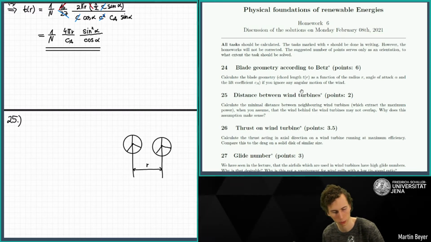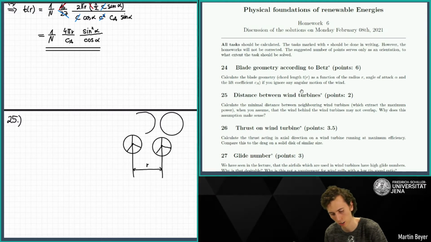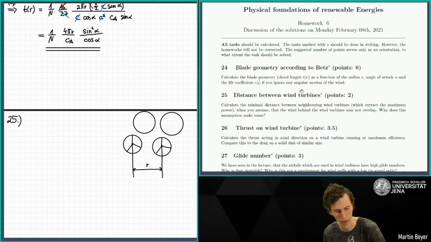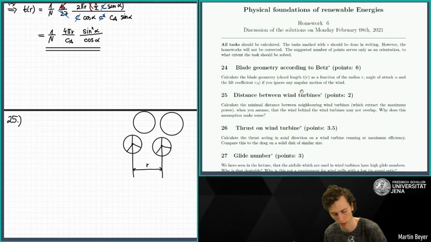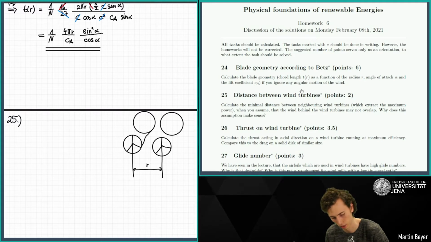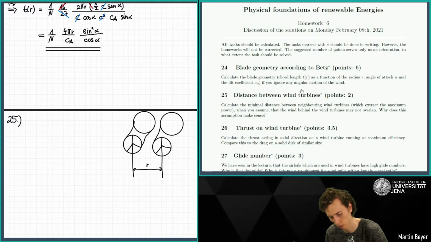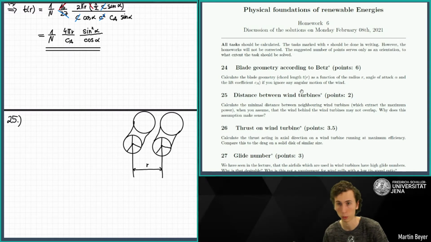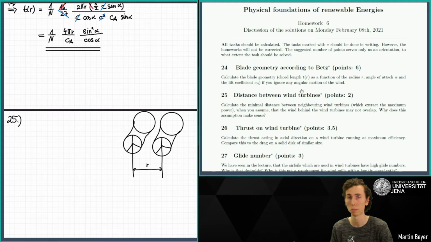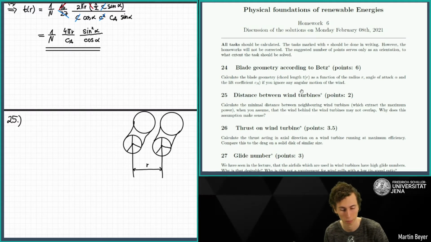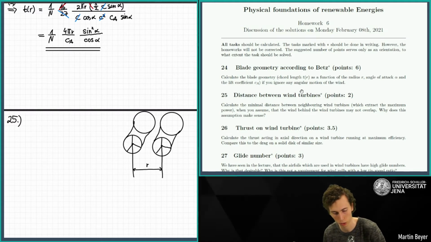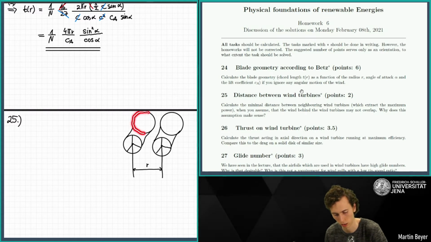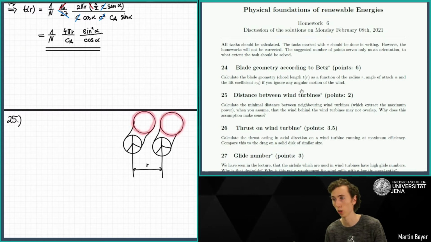And what we do behind the wind turbine, there's a wind channel created, which is larger than the original wind channel here. So it looks something like this. I hope it's understandable. And what we demand now is that the wind behind the turbine does not overlap. So that these two circles here, so this circle and the other one, that they won't overlap.